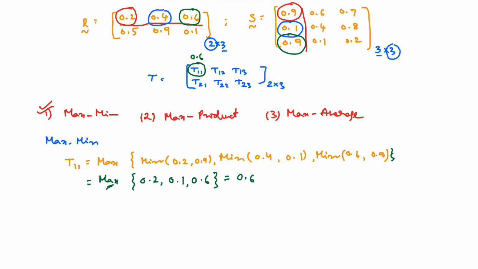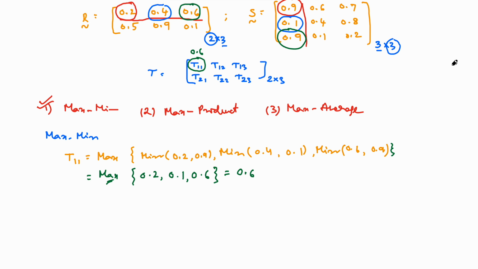Okay, so we are unable to see this one. Anyhow, I will keep this one only. This is sufficient for me. I will finish it off. So next one, let me go ahead with T12. So T12 is equal to maximum of, let me go in a direct manner. 12 means this is 1 and this is 2. So this is the 2 I want to handle. 0.2 and 0.6.